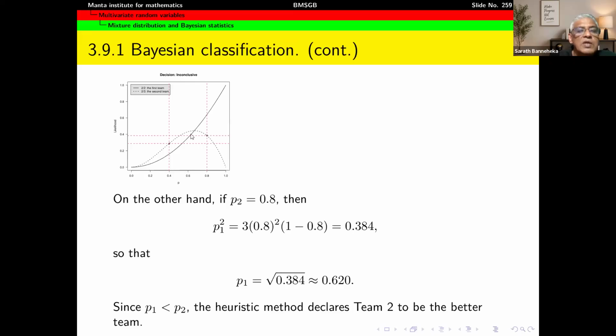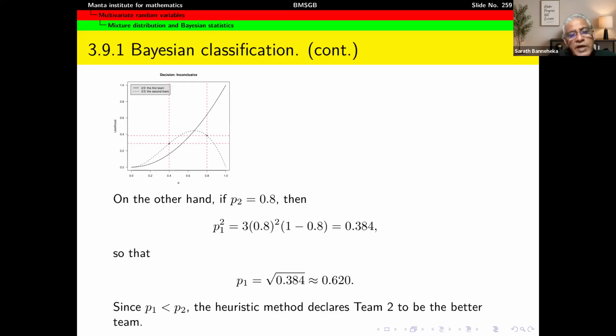This line crosses the L1 function here. So if we come back to the horizontal line, it's going to be 0.62. So in this case, P2 is 0.8 and P1 is 0.62. Then our decision will be different. In this case, P1 is less than P2. Therefore, the heuristic method will declare that team 2 is better.